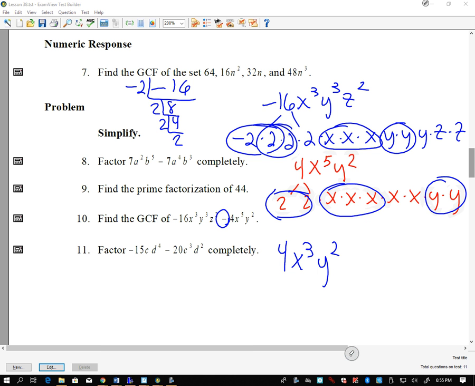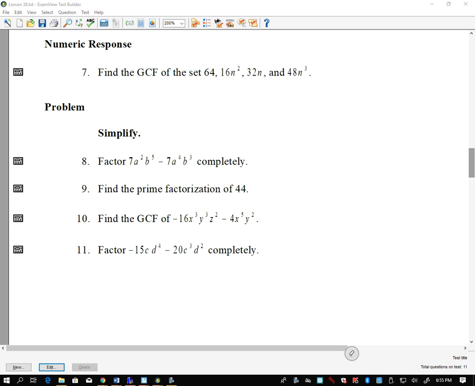Okay? So let's apply that principle to number 11. Again, I think that you have the least possibility of making a mistake if you show things in expanded form. That's my experience with dealing with it in Algebra 3. If we have negative 15 c d to the fourth, let's look at the expanded form of this.